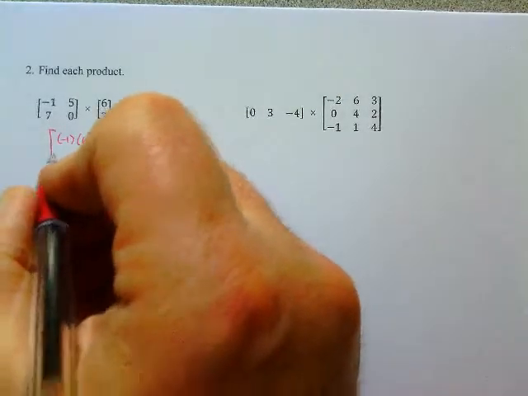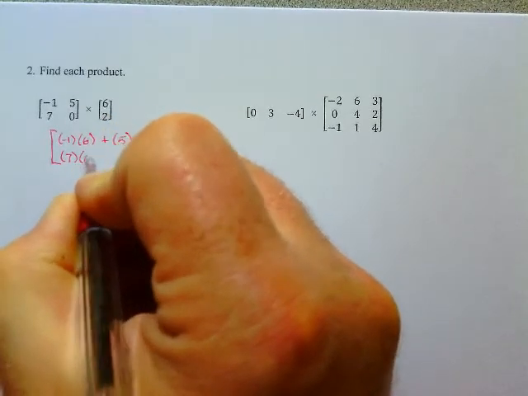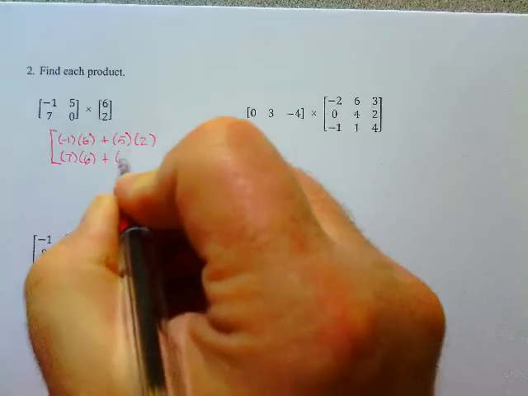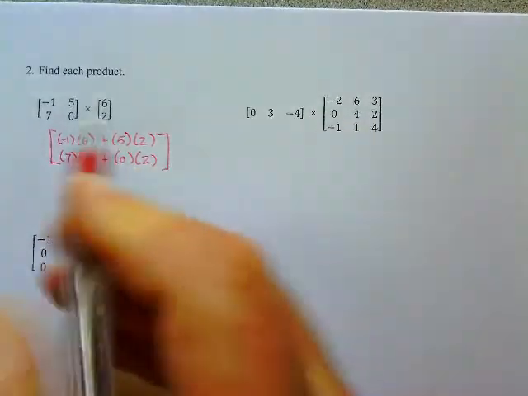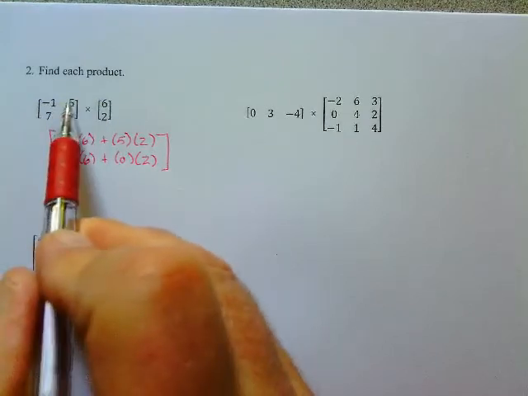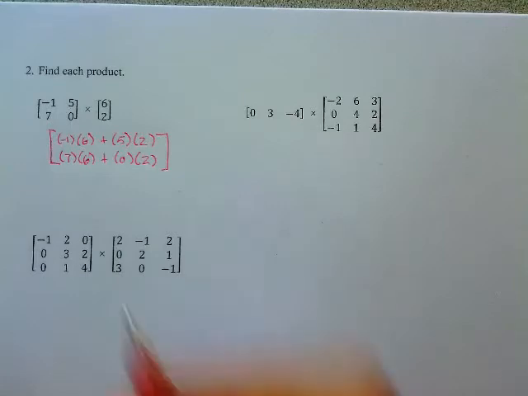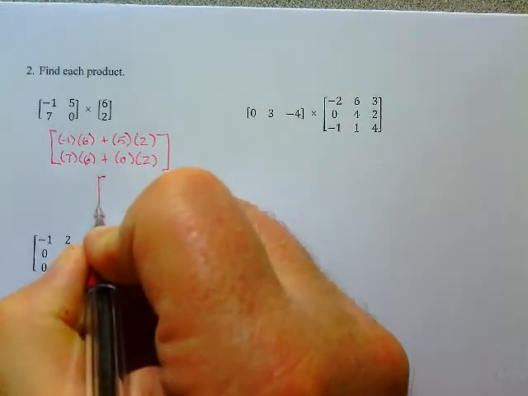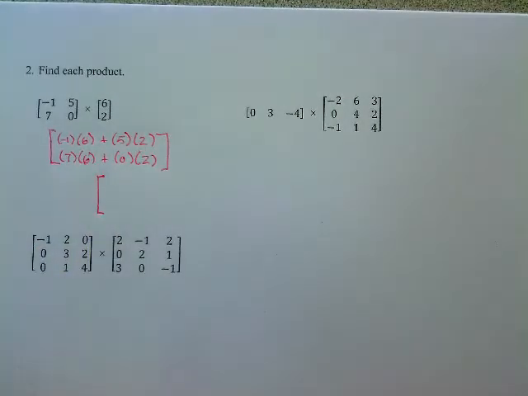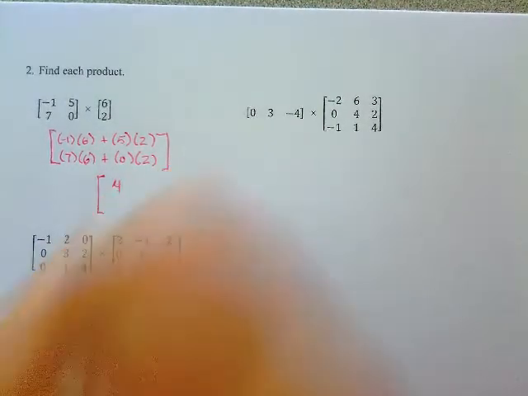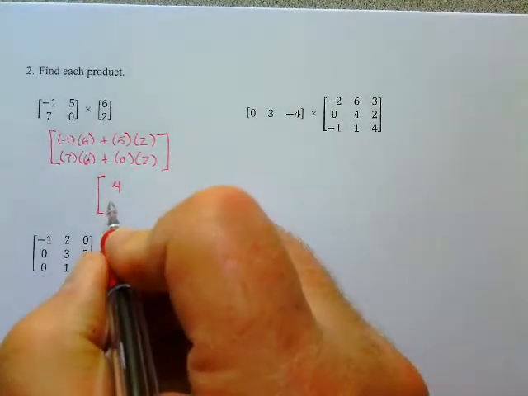And then here we have 7 times the 6 plus 0 times the 2. So again, this one, and then that one, and then this one, and that one. Putting them together, that's going to be -6 plus 10. So that's 4, 42, and 0.